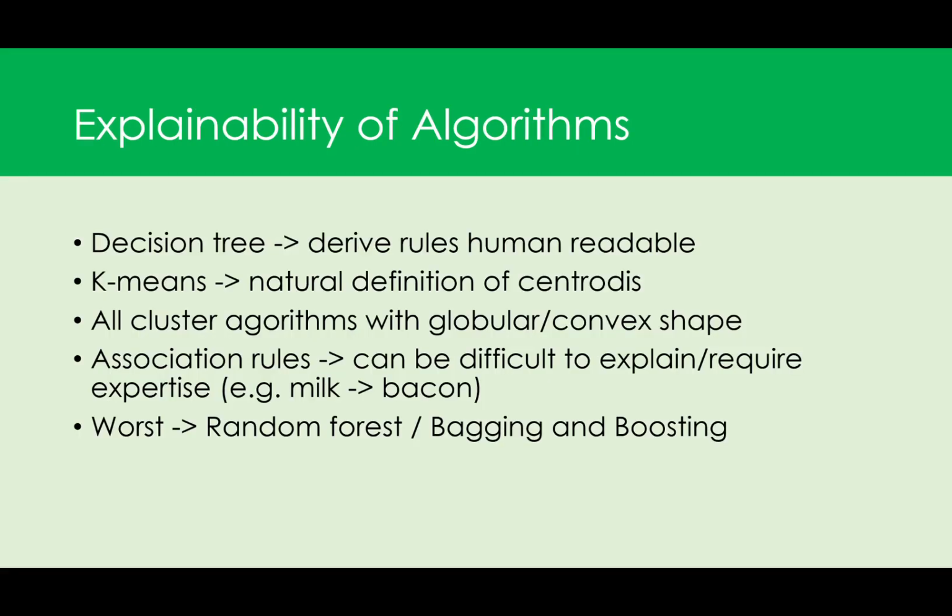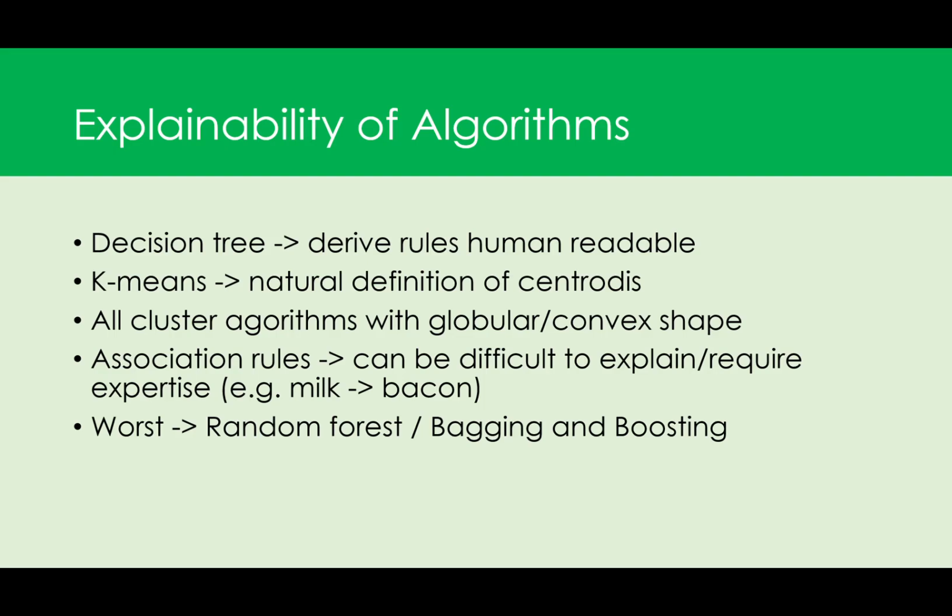Then explainability. In general, a decision tree is good to explain, one single decision tree, because we can derive rules that are human readable. K-means has a natural definition of center, so it's easy to explain. All clustering algorithms with globular shape in general, because we can compute the centroid afterwards.